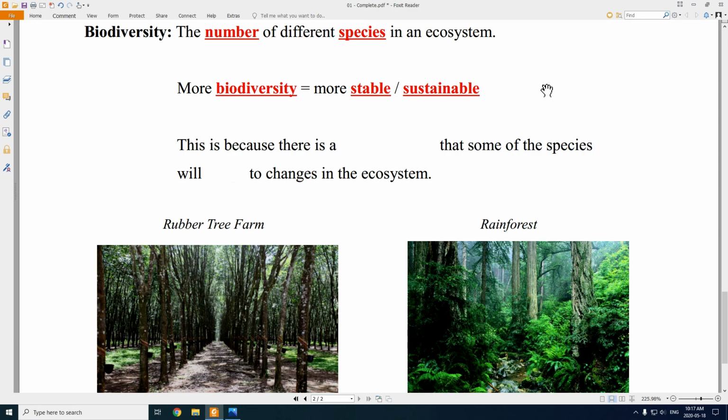If you have more types of plants and animals, it means that if there's a change, at least some of those living things will adapt better to that change than others. So this is because there is a higher chance that some of the species will adapt to changes in the ecosystem.